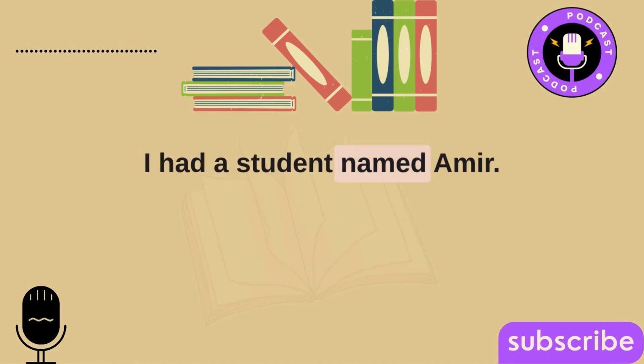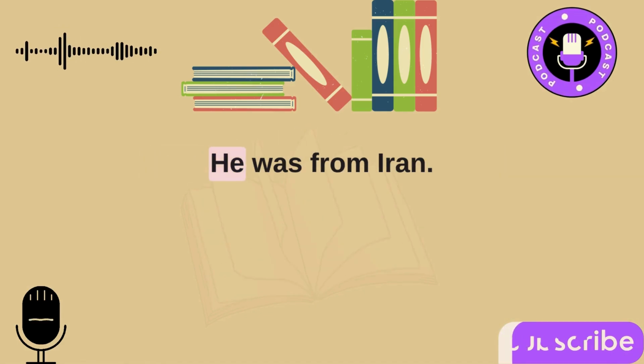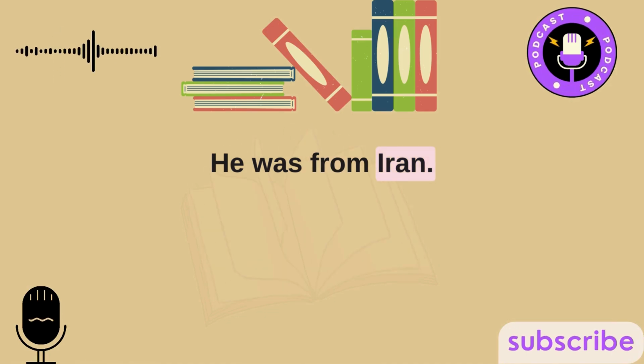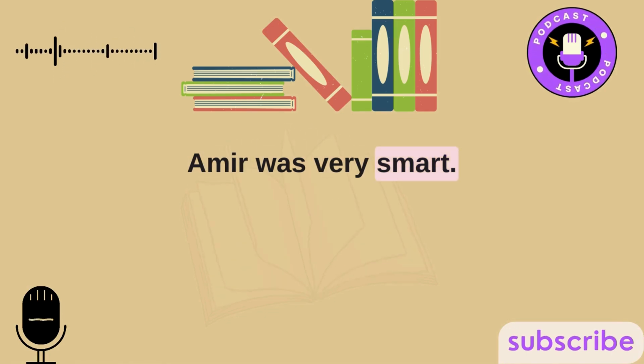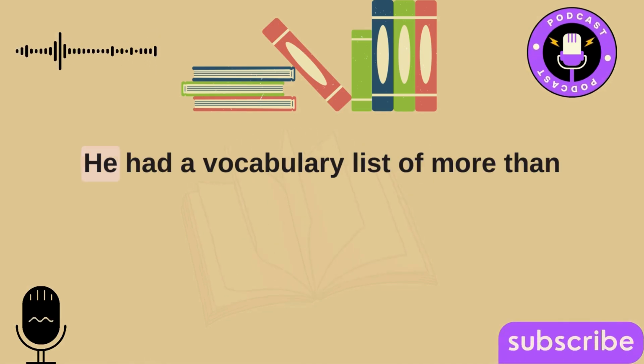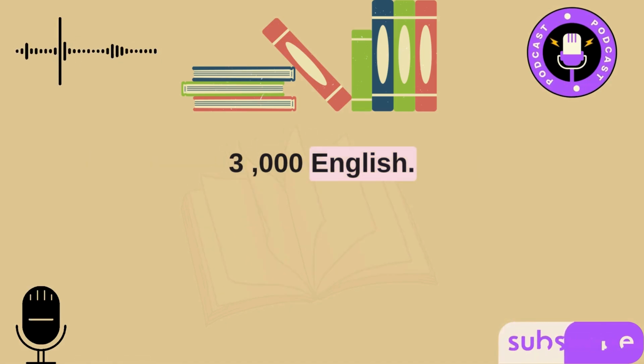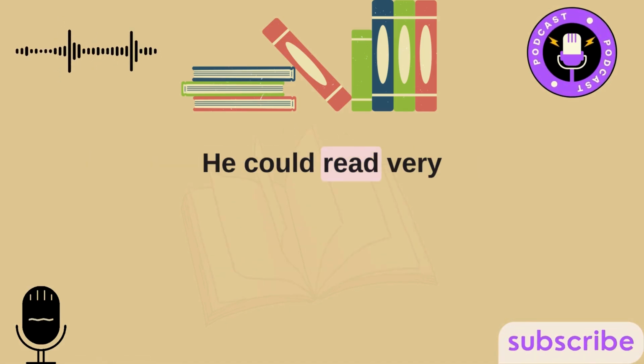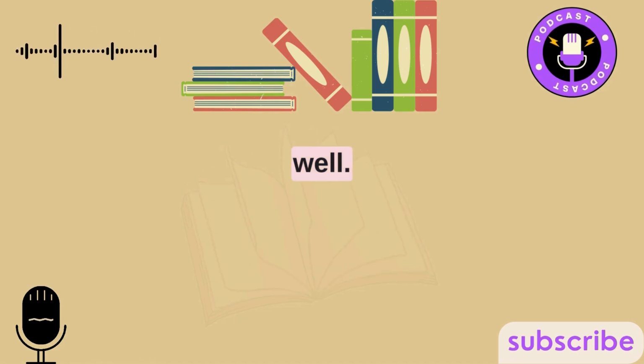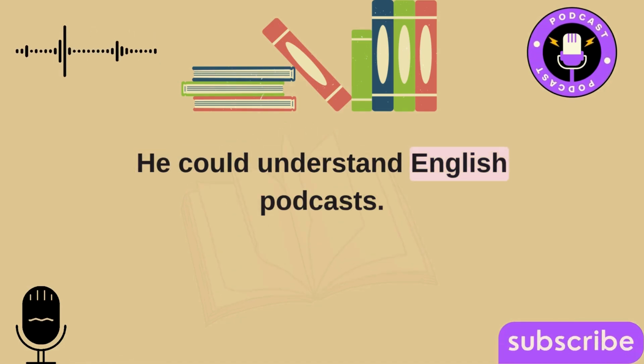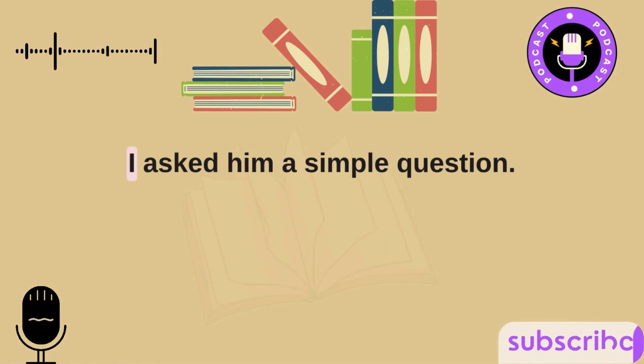I had a student named Amir. He was from Iran. Amir was very smart. He studied hard. He had a vocabulary list of more than 3,000 English words. He could read very well. He could understand English podcasts. But one day, I asked him a simple question.